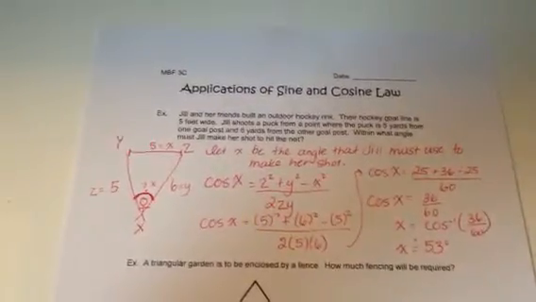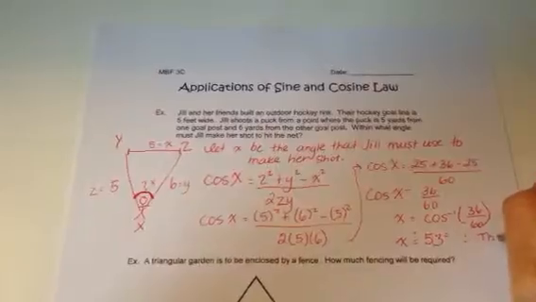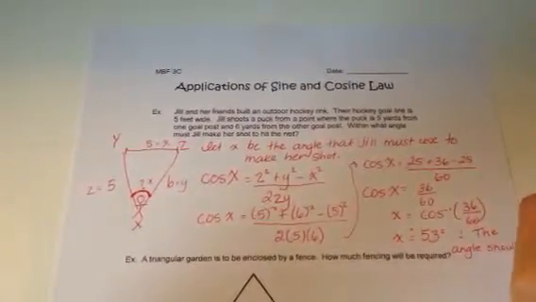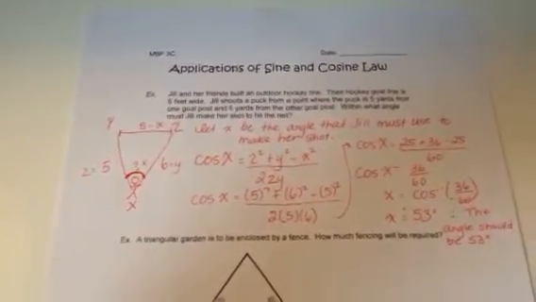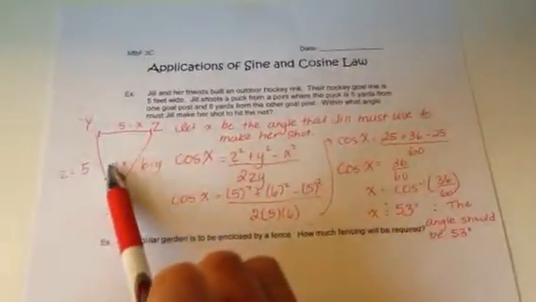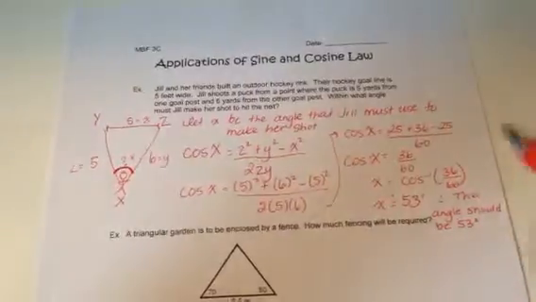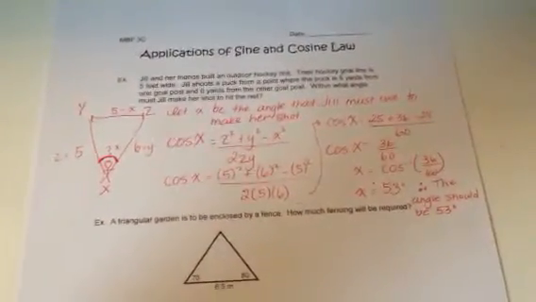So therefore the angle should be 53 degrees. On this question for a test, you need to include a diagram, a let statement, your work, and then a therefore statement at the end stating your answer.